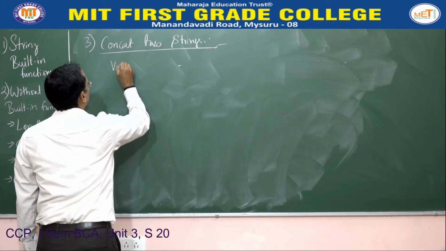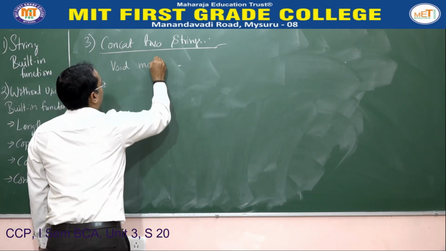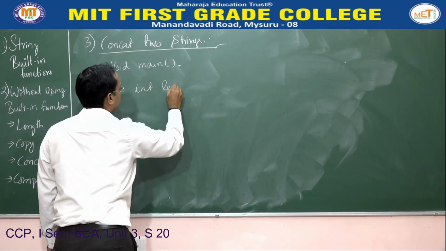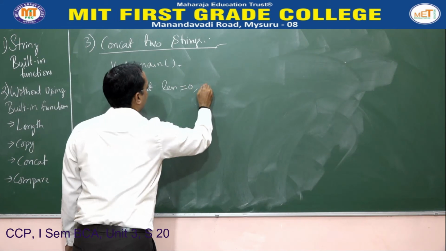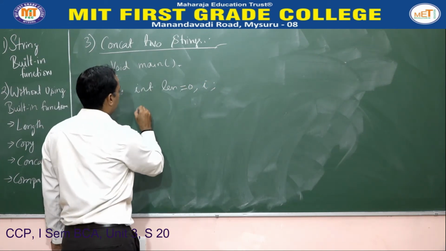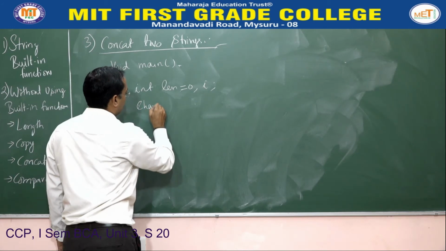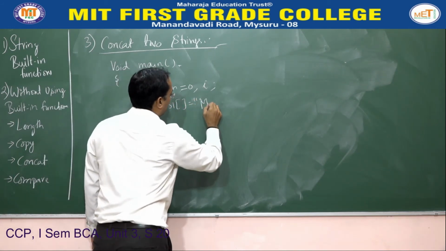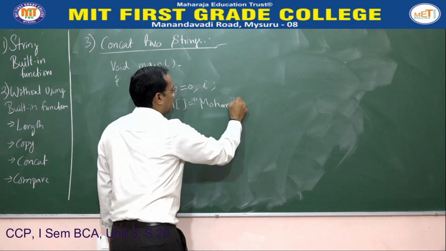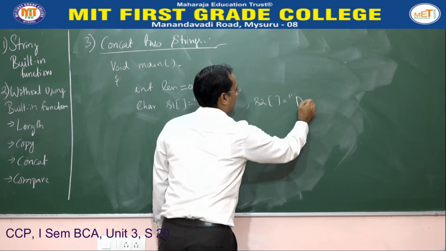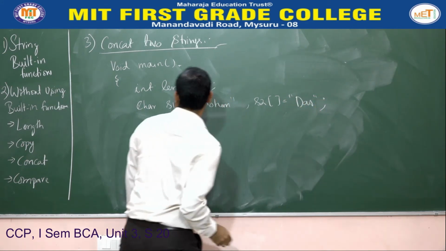So void main, declare the variable length is equal to 0, i for loop, declare the character arrays S1 is equal to Mohan, S2 is equal to Das.